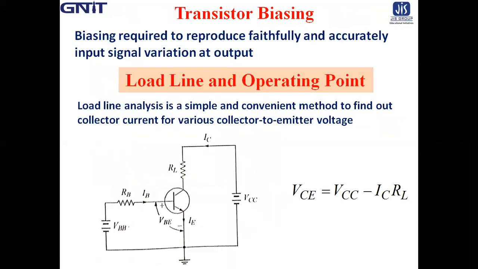Now apply KVL to the collector emitter loop, which gives VCE equal to VCC minus IC into RL.